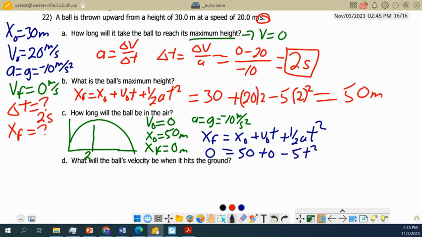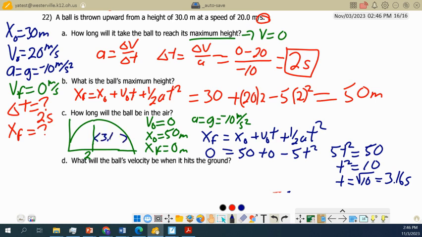So let's solve this. 5t squared equals 50. T squared equals 10. T equals the square root of 10, which is 3.16. So this time was another 3.16 seconds.